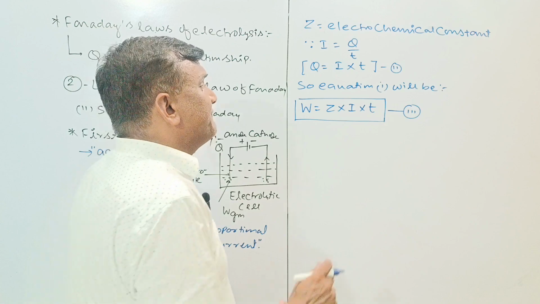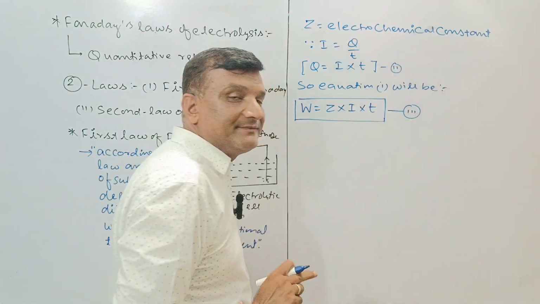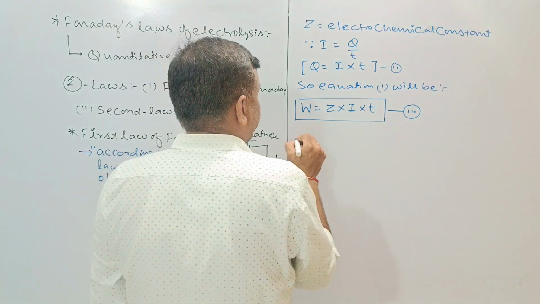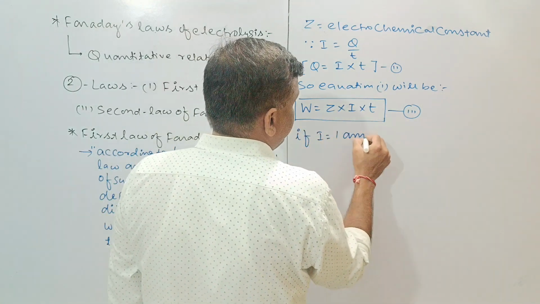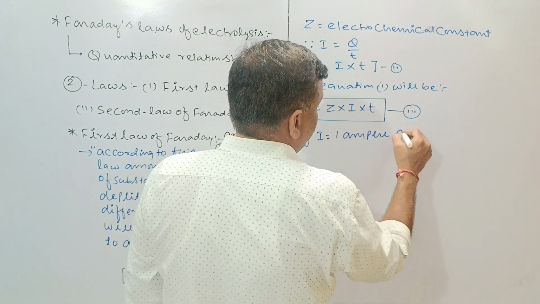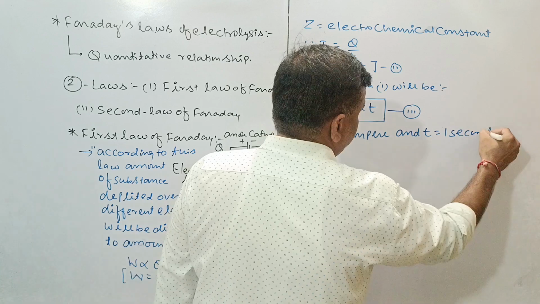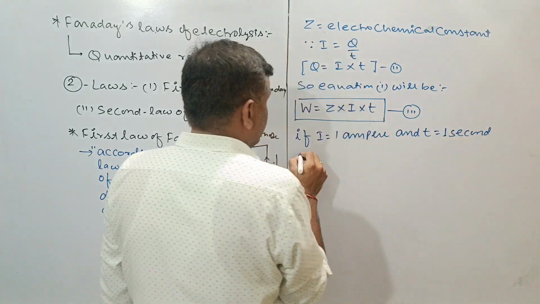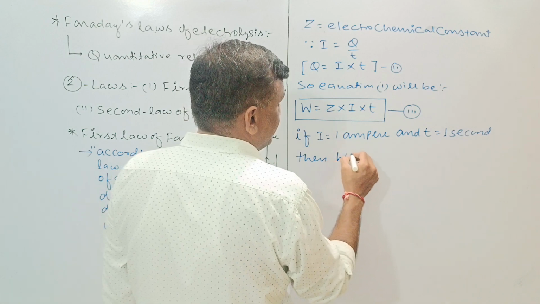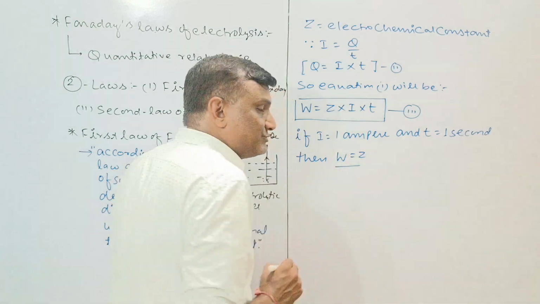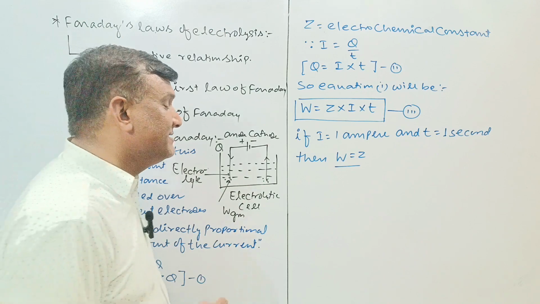If we want to get the definition of the electrochemical constant, then we can take I is equals to 1 ampere and T is equals to 1 second, then here W is equals to Z, or you can say Z is equals to W. So what is the meaning of electrochemical constant?